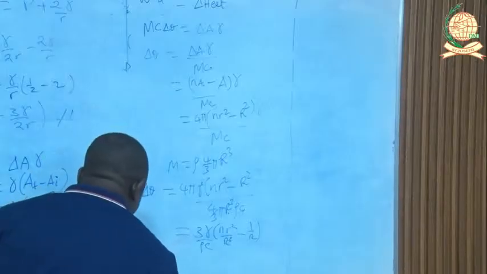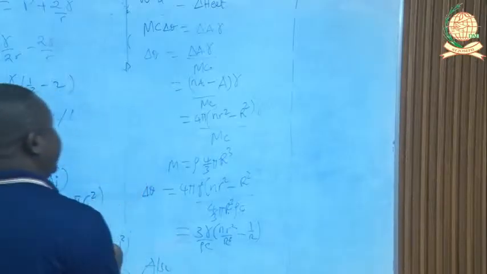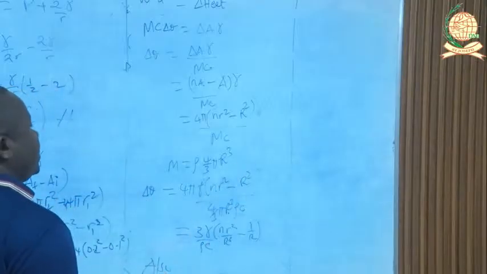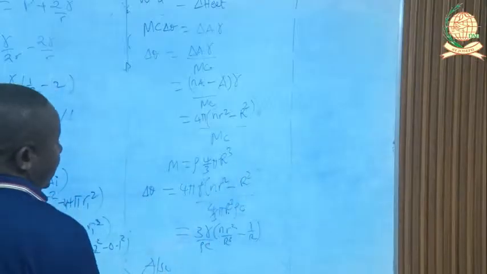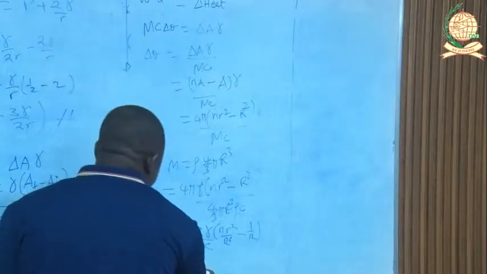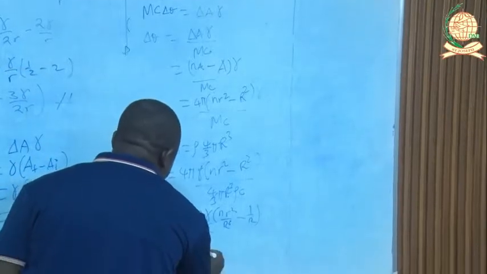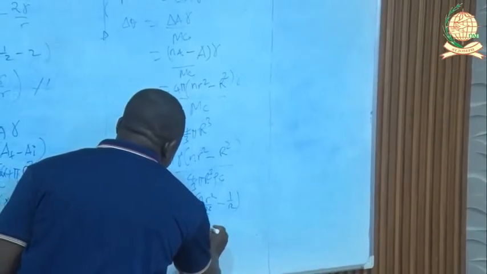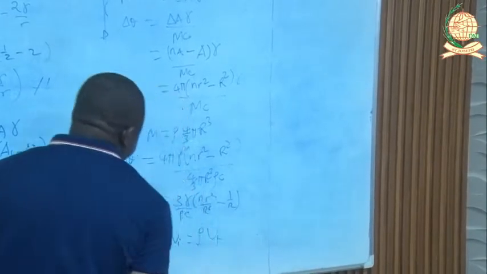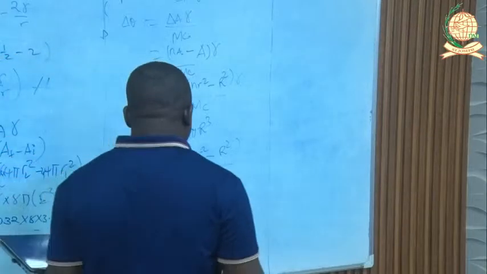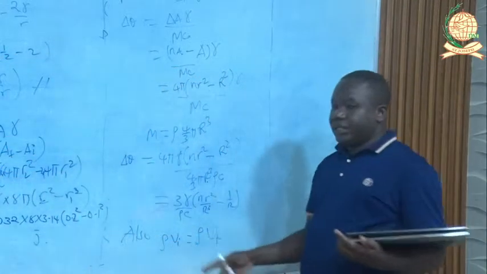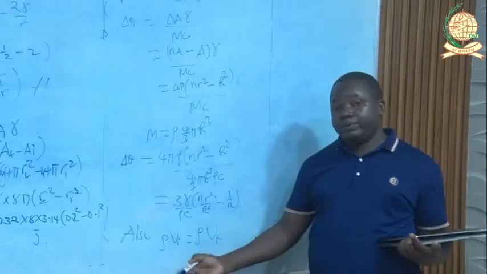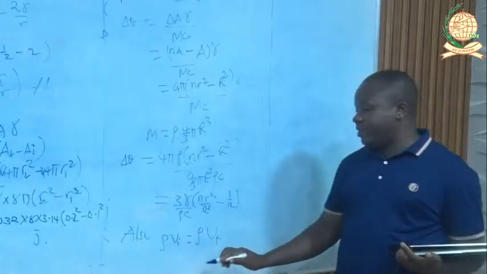Also, from mass conservation, the total mass of the small drops is equal to the total mass of the large drop. So mass, which is density times initial volume, equals density times final volume. Because density is the same, for a drop we say the volume is conserved.